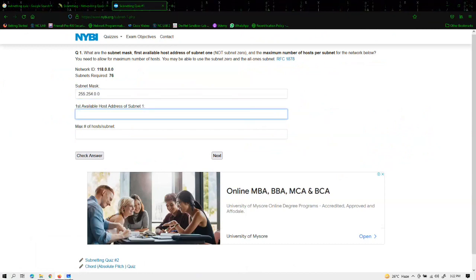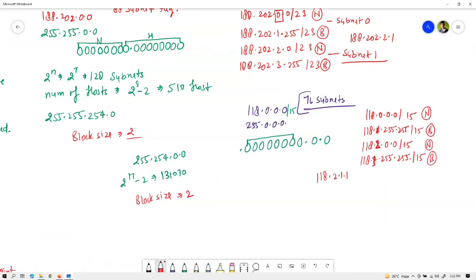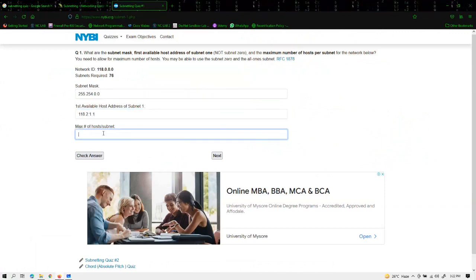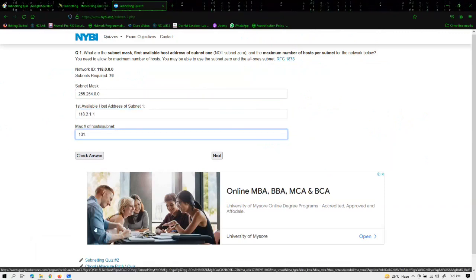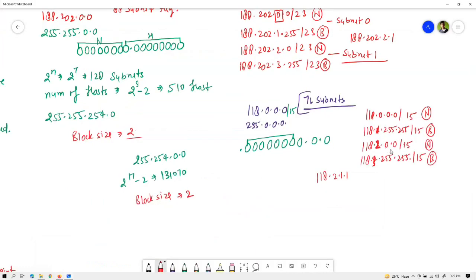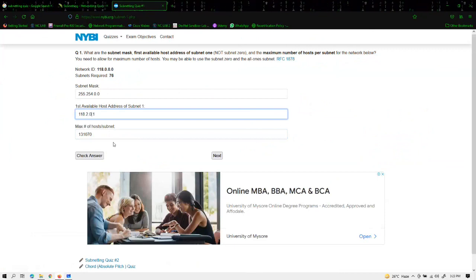First available host 118.2.1.1, and maximum number of hosts. Is it the first of subnet 1 or subnet 0? Subnet 0. It will be 0.1, right? Not 1.1. It was asking for subnet 1.